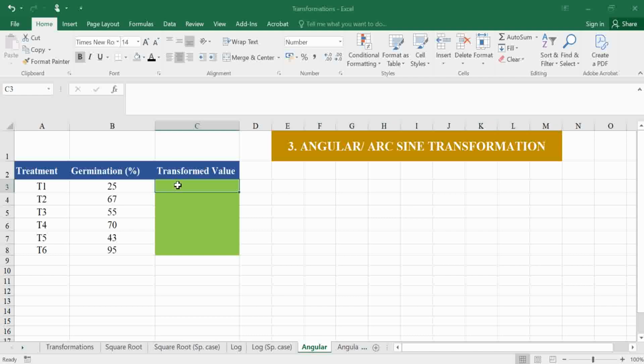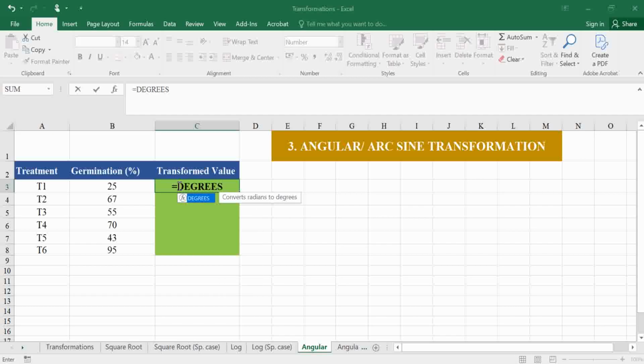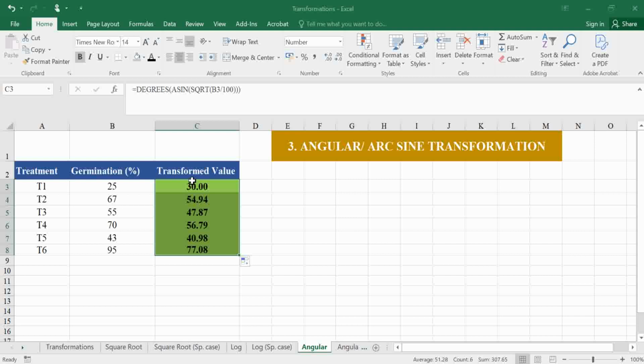For angular transformation, the formula is equal to DEGREES, bracket open, ASIN, another bracket, SQRT, again bracket, the value to be transformed divided by 100, bracket over, enter. So we get the transformed value. These are the transformed values to be used for further analysis.